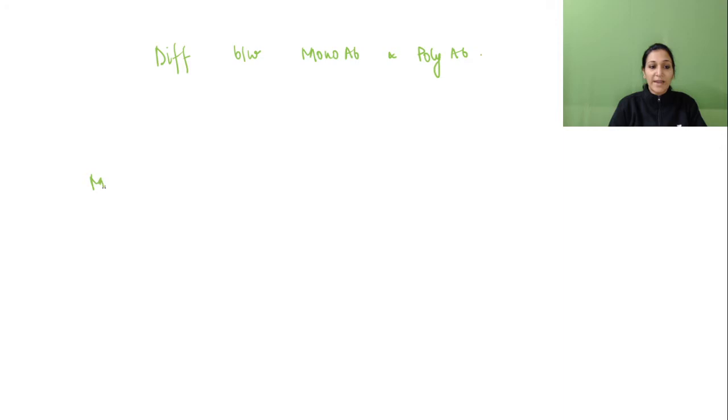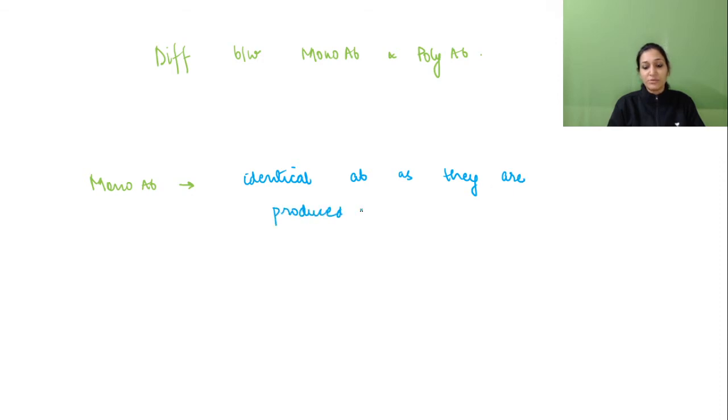So monoclonal antibodies are identical antibodies, as they are produced by one type of immune cells.